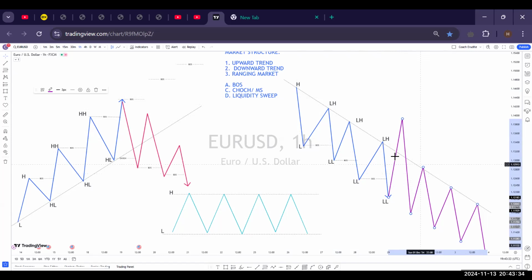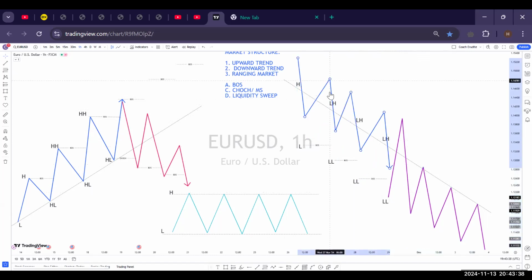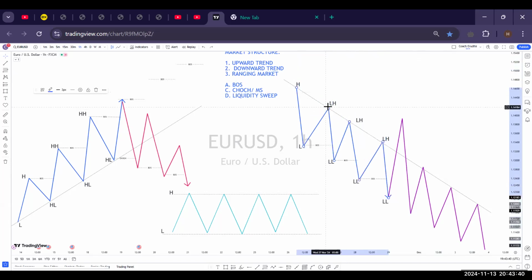This happens in the market every time. Just like this, moving up, it's seen as a sweep of liquidity, not a change of character.